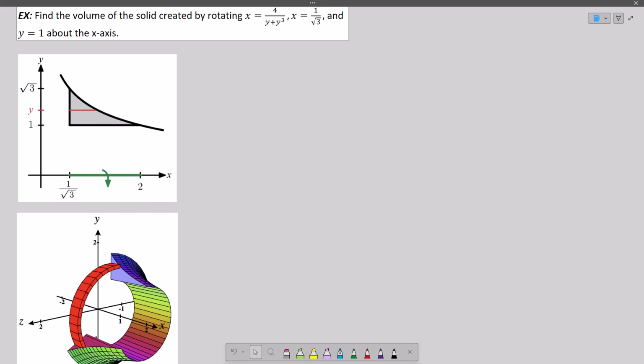If you want me to give you a nudge, ask yourself, should it be dx or dy? Remind yourself how you find horizontal distances and vertical distances.